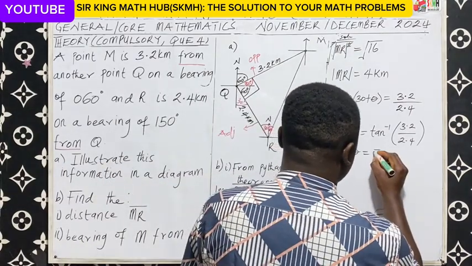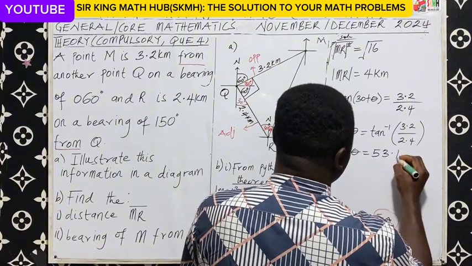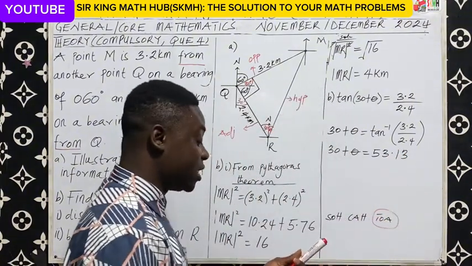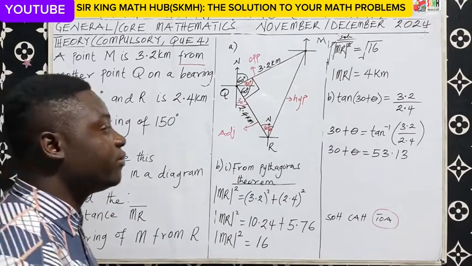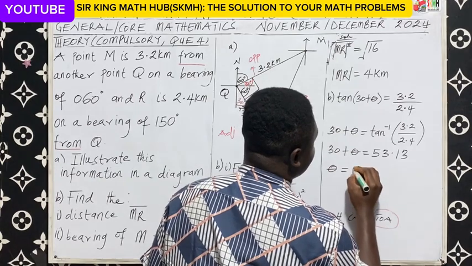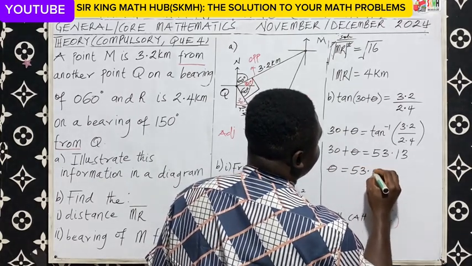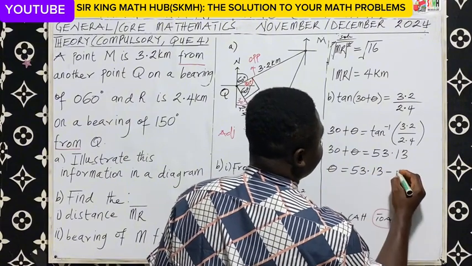So we have 53.13. That is to 2 decimal places. But our goal is to look for theta. So let's group like this. Theta is equal to 53.13 minus 30.